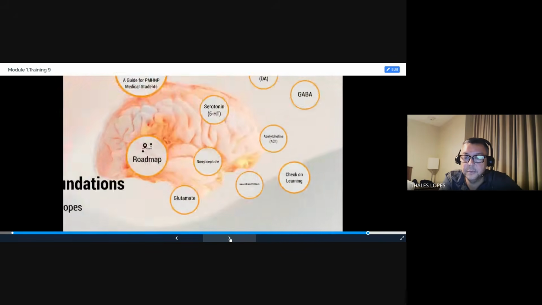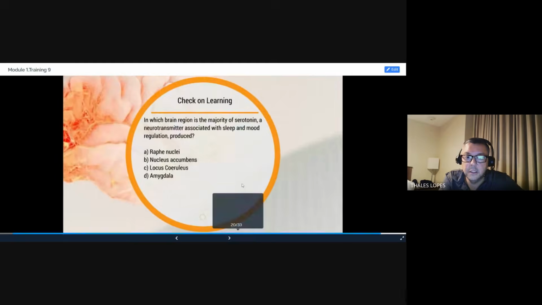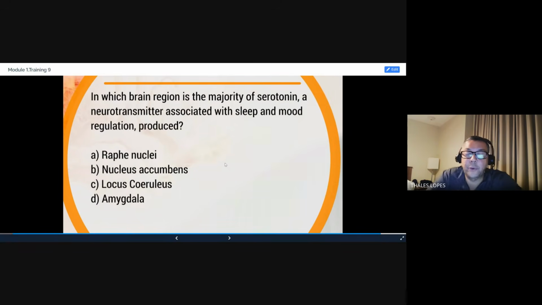Here we go. Which brain region produces the majority of serotonin, the neurotransmitter associated with sleep and mood? Most of you would say it is A, right? Okay, so here we have it.